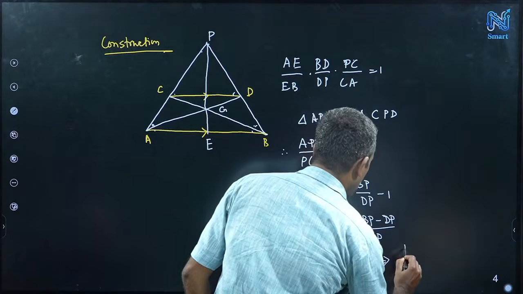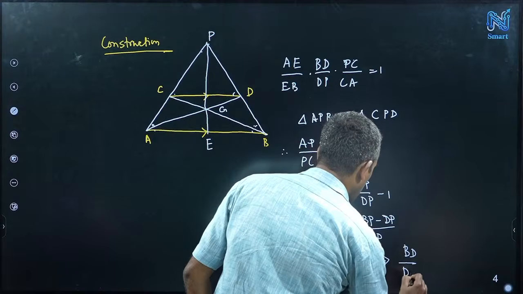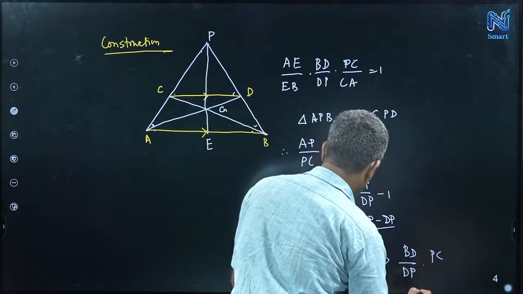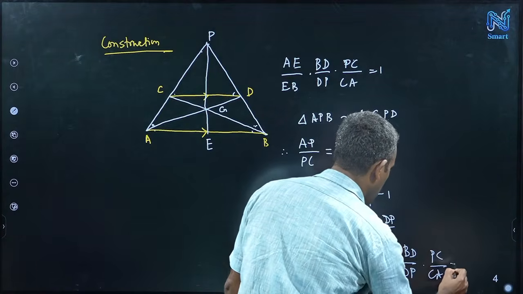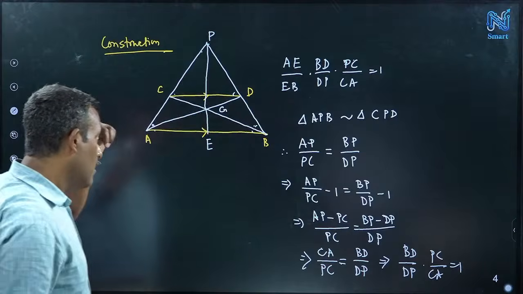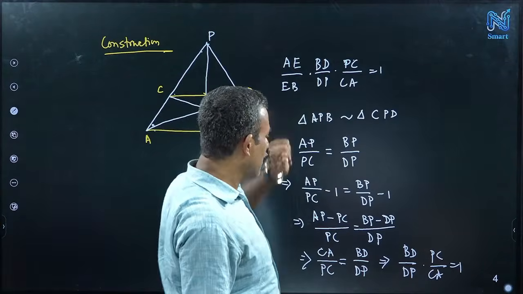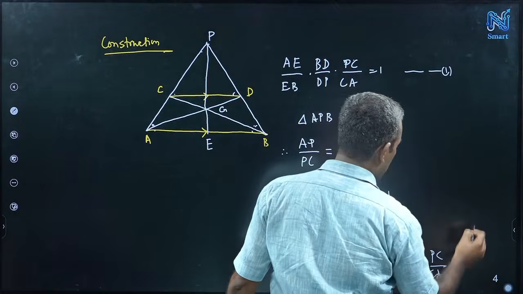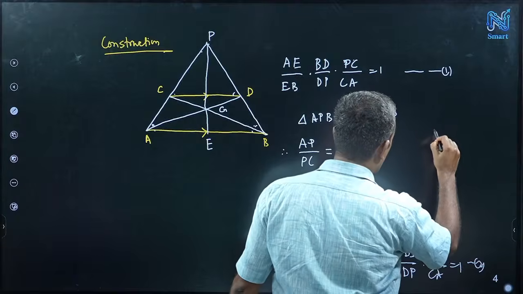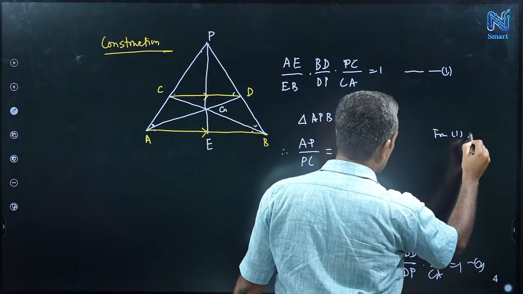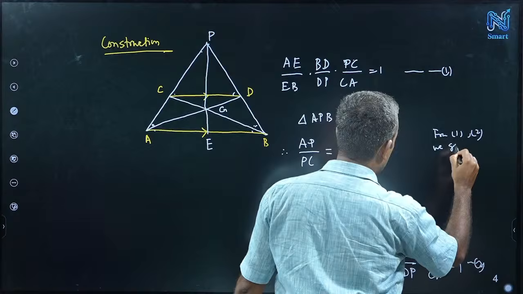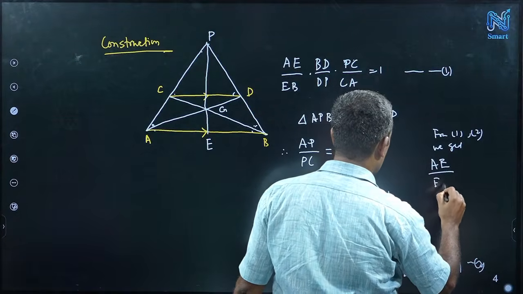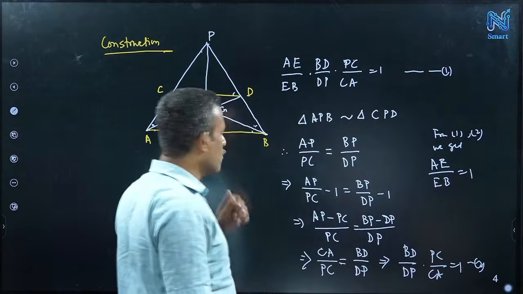So BD by DP into PC by CA is equal to 1. That means this part is 1, and since this part is 1, from 1 and 2 we get AE by EB is 1, that means E is the midpoint. So this is the proof, okay.